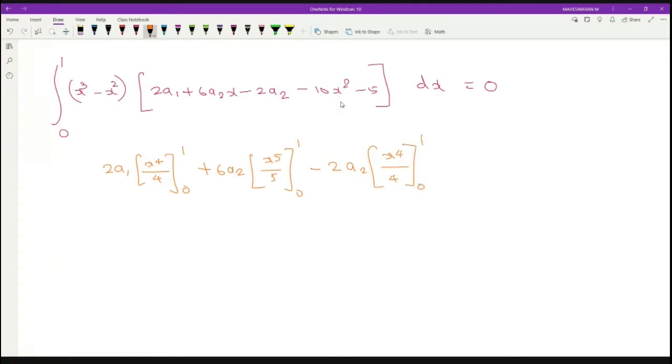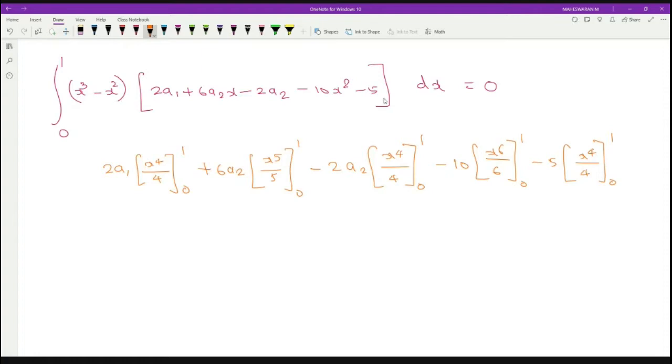Multiply it x power 5 integrate x power 6. So minus 10 x power 6 by 6 under the limit 0 to 1. Multiply this x cube integrate x power 4. So minus 5 x power 4 by 4 under the limit 0 to 1.